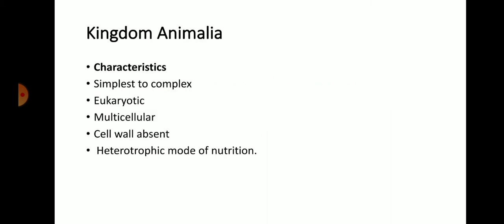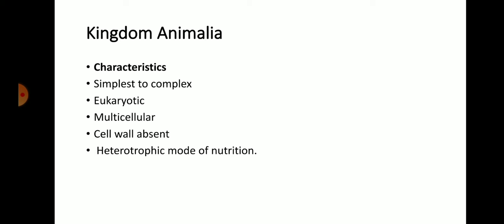First of all, let's see some basic characters of kingdom Animalia, on the basis of which their classification is based. Kingdom Animalia consists of the simplest to complex forms of animals. There may be microscopic simple-form animals like amoeba, a single-celled animal, or they may be complex, like mammals such as human beings. Second, they are eukaryotic.